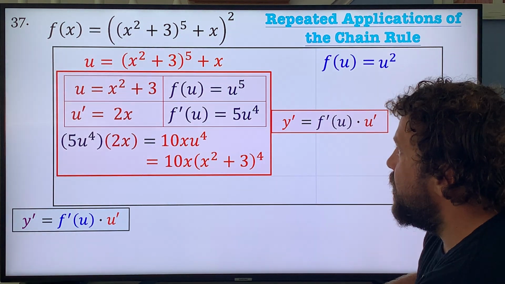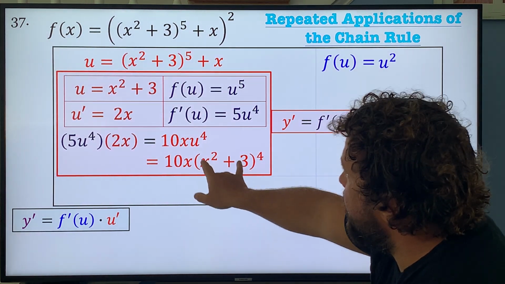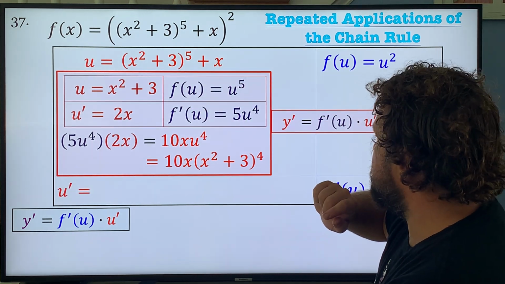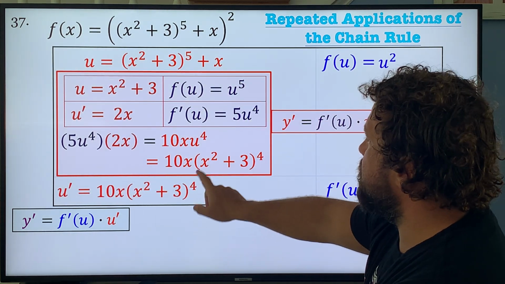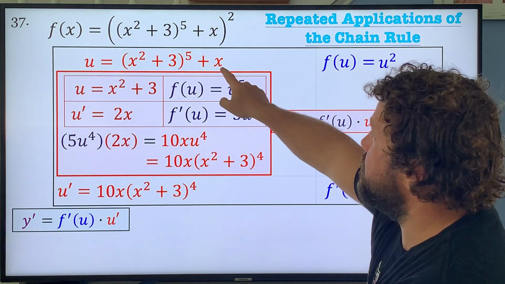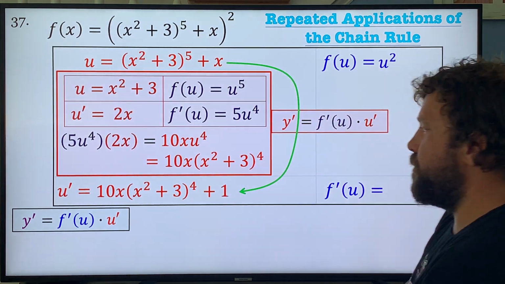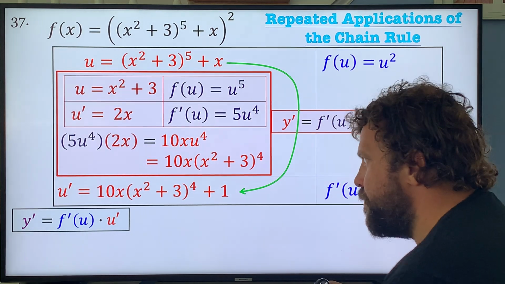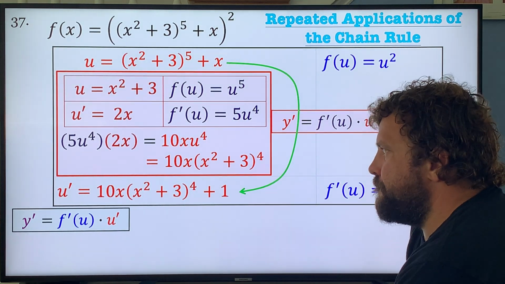Okay? Now, that is the derivative of this, and then we also have to do plus x, what's the derivative of x? Derivative of x is 1. So this is my u prime. All right? Got it?